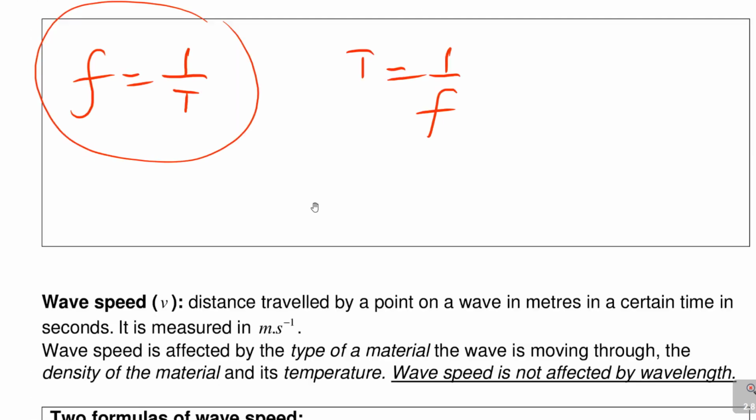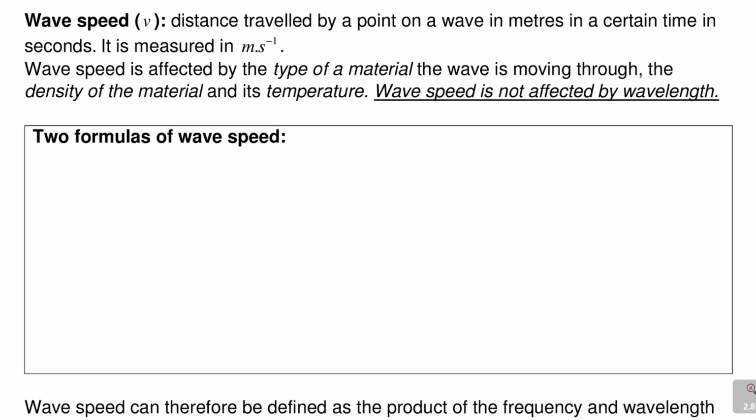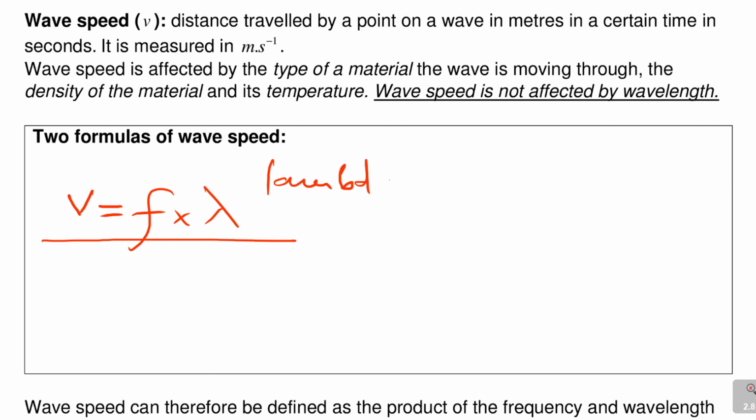We also looked at the formula for the speed of a wave, v equals f lambda. That's a common formula that you need to remember. The sign lambda is the Greek letter for wavelength.